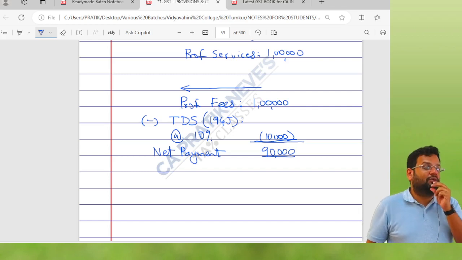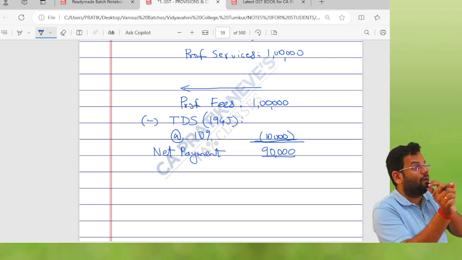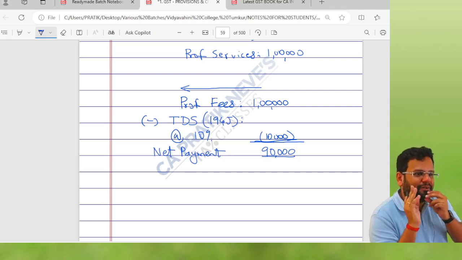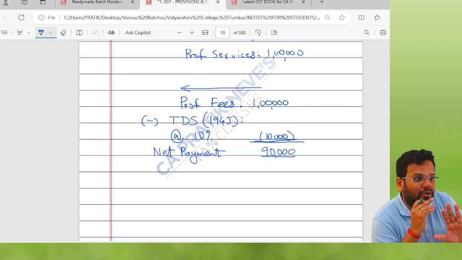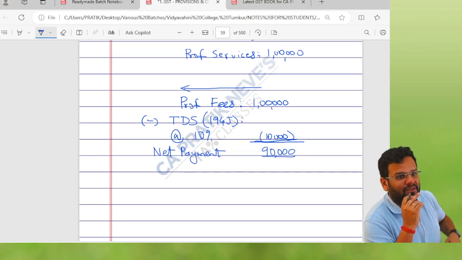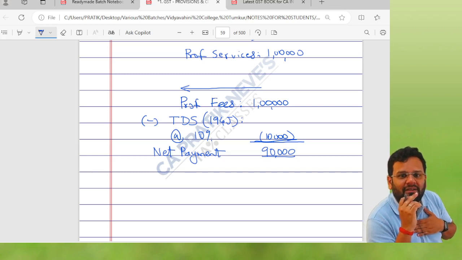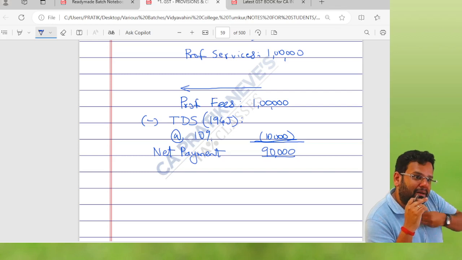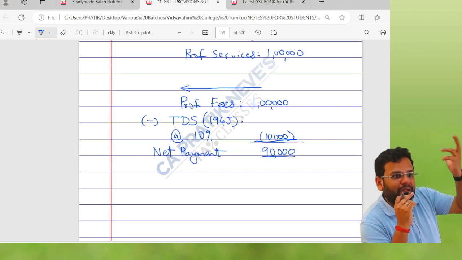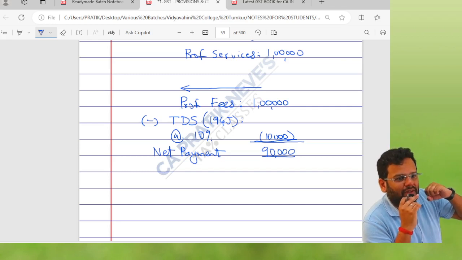Acha, so if I ask you, supply was made of what value? 1 lakh. Very good. Supply was made of 1 lakh. That is not 90,000. But net I received is 90,000. 10,000 is as good as tax paid by me to government. My liability has been paid to government to the extent of 10,000.